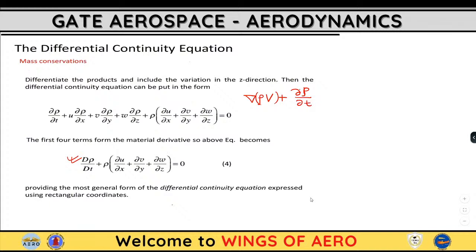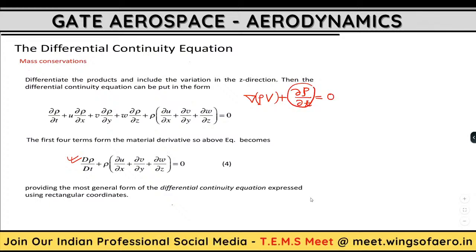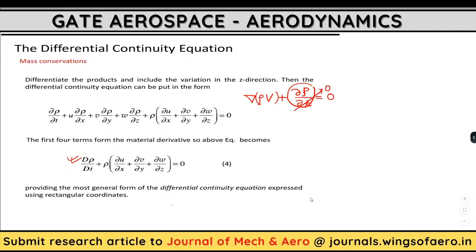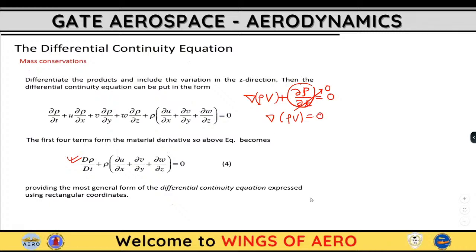Dou rho by dou t equals 0. And when the steady state is considered, dou rho by dou t tends to 0, then you will have only this equation. This is for the steady state, with the steady flow, that means dou rho by dou t will become 0.